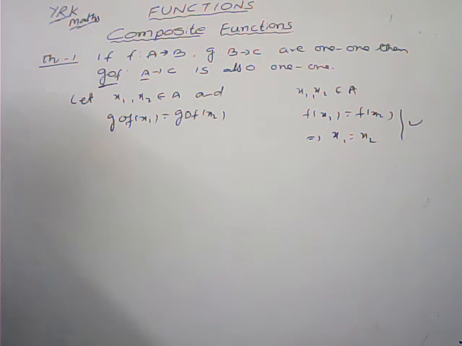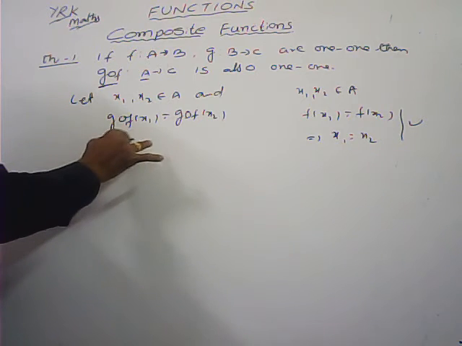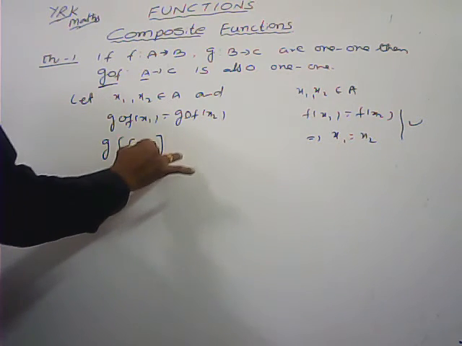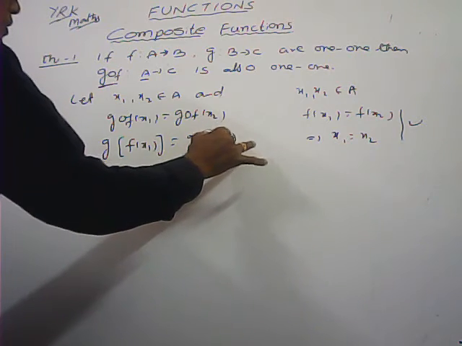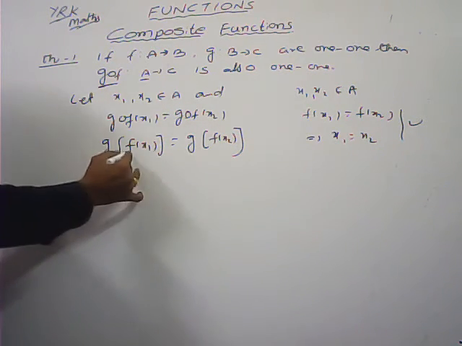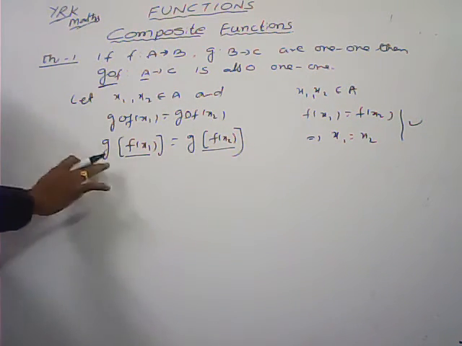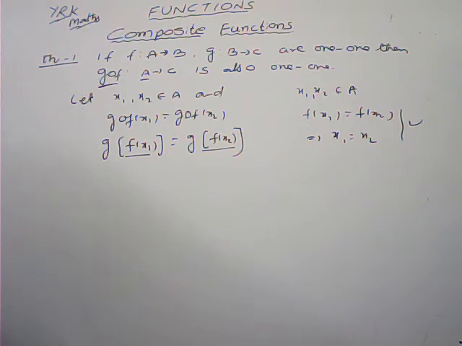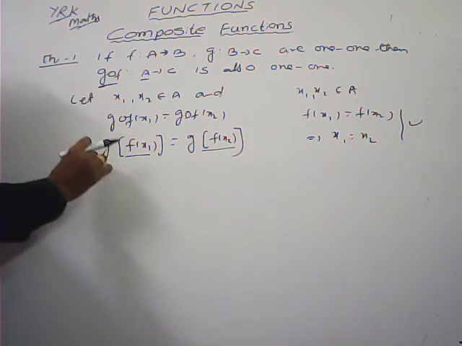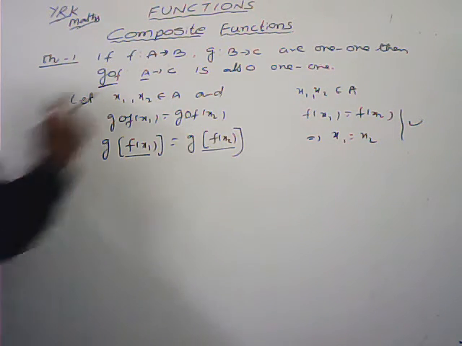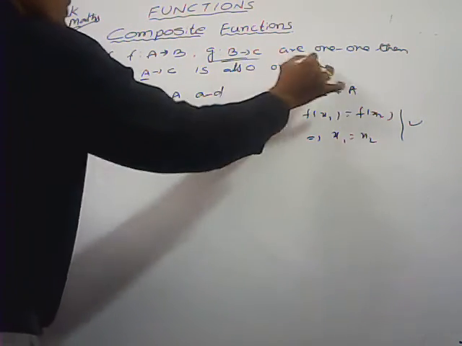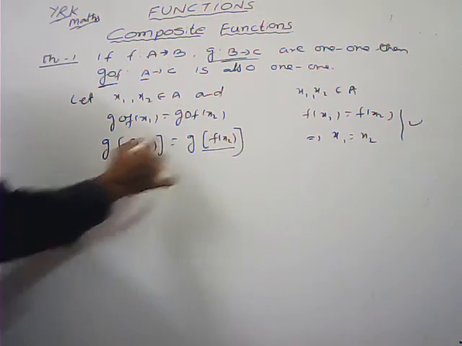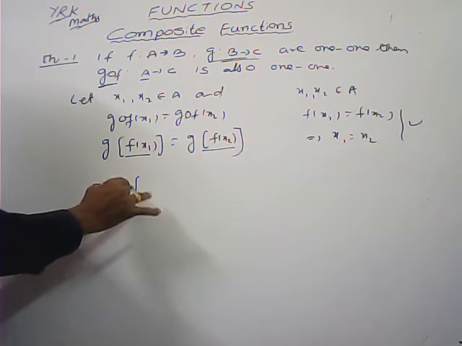Here how they define the composite function: g circle f of x, g of f of x1 is equal to g of f of x2. Now these are the two elements in the domain of g. So g of f of x1 is equal to g of f of x2, and g is a 1-1 function already given. So we can write f of x1 is equal to f of x2.